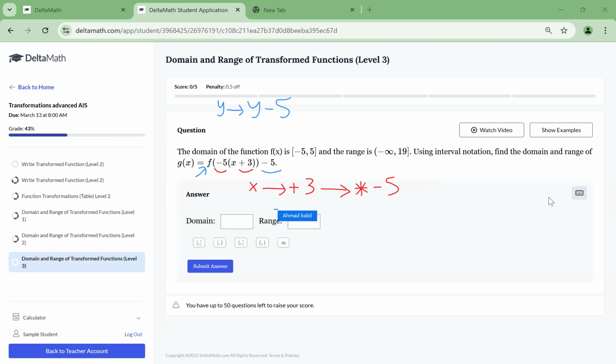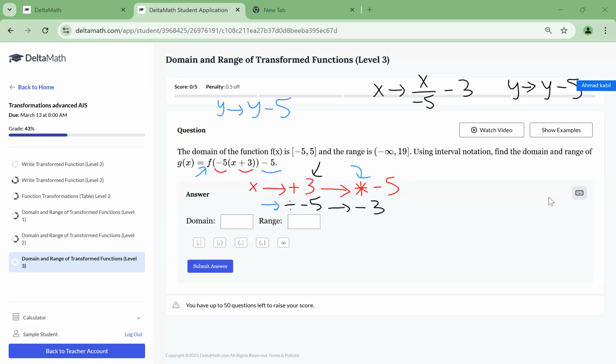So we're starting with the -5, and the operation here is times, so we're going to change that as well. So it becomes divided by -5. And then we go to the 3 and we change the operation, so it becomes -3. So x is going to be x over -5 minus 3. This is the new x, and then the y just becomes y minus 5.